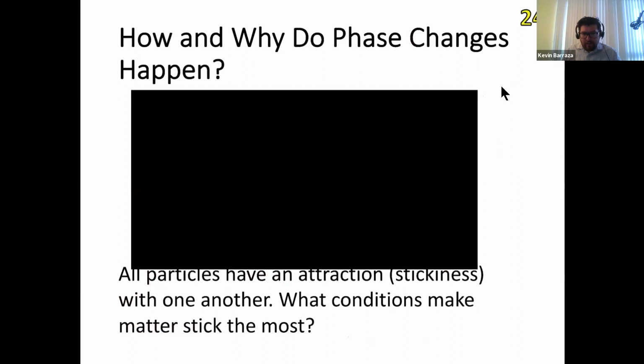And so unfortunately, the simulation doesn't work on here. So I'm going to have to do some swapping to another screen to get it to work.